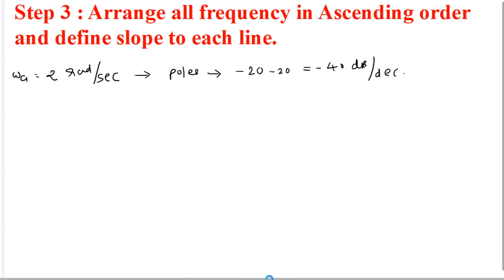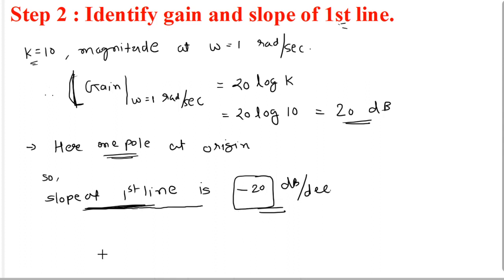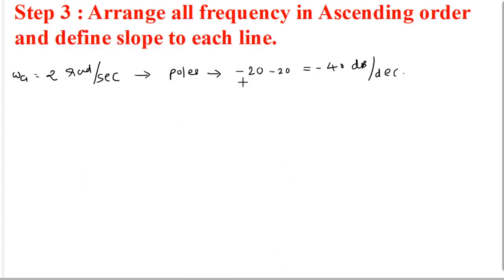But here it is a pole, so I add minus 20 to the above value. The first line slope is minus 20 decibel per decade, so adding minus 20 gives minus 40 decibel per decade.